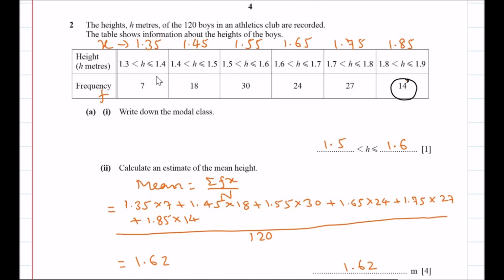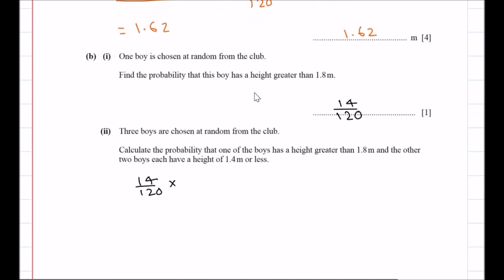We have 7 such students. So we pick the first one, that will be 7. One is already picked, so there will be 119 left. Now for the third one, 6 left, so 6 out of 118.